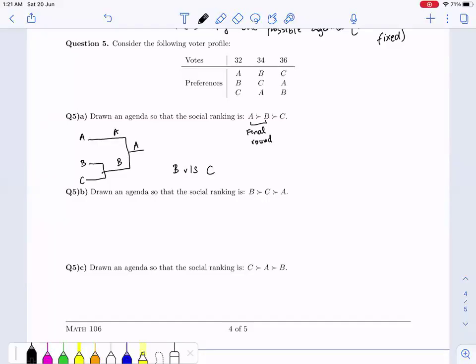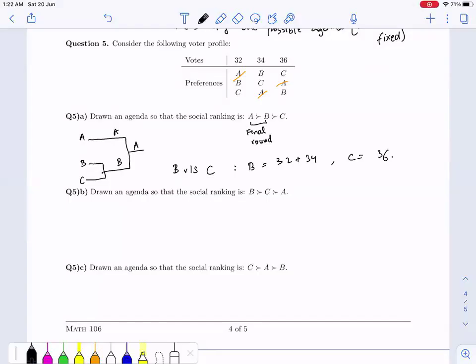So yes, this works because in a head-on-head match between B and C, you eliminate A. So B gets 32 plus 34 top votes, and C only gets 36 top votes. So B definitely wins over C. So this is one good agenda like this.